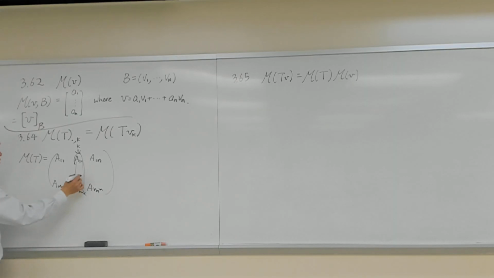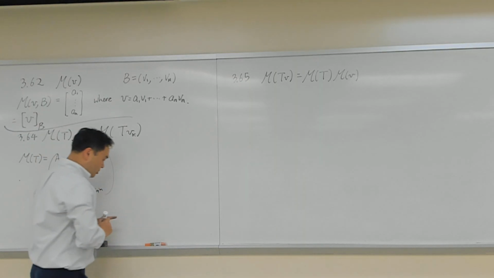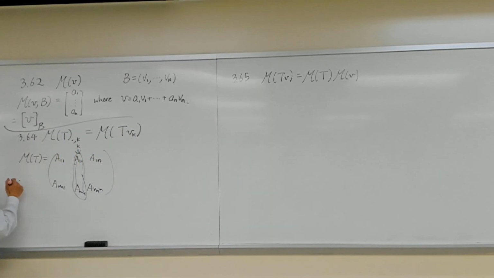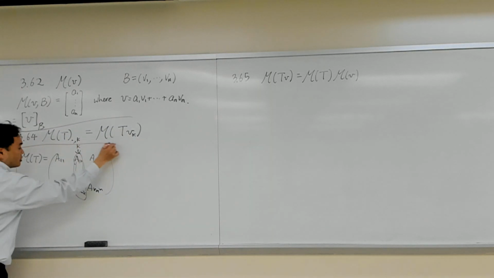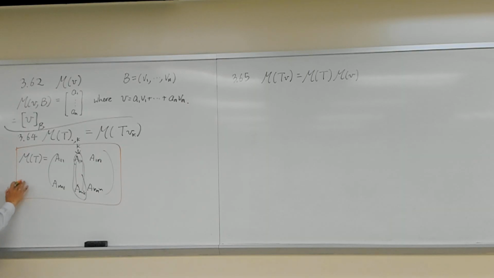So this one is denoted as dot comma k. K is the column number, so if you do dot comma k, this is the kth column of this matrix. Here, you really just need to learn how to read these notations. Once you read them, then it's kind of obvious.